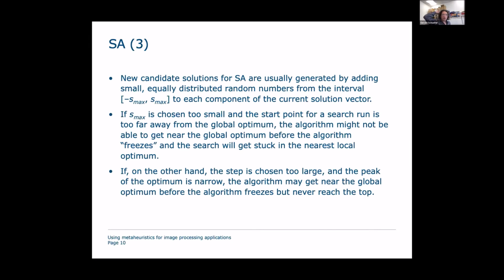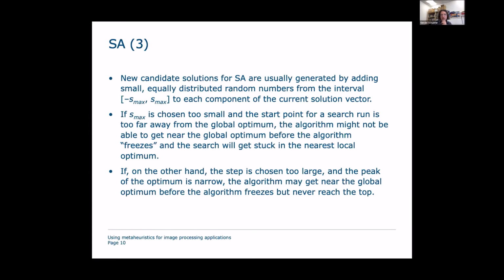Let's look more closely at how we find a new candidate solution within the current neighborhood. Here we've got an interval for each of the components, plus or minus a certain number, and that interval is defined by what we call a step width. The step width needs to be chosen quite carefully, which makes using simulated annealing potentially tricky.